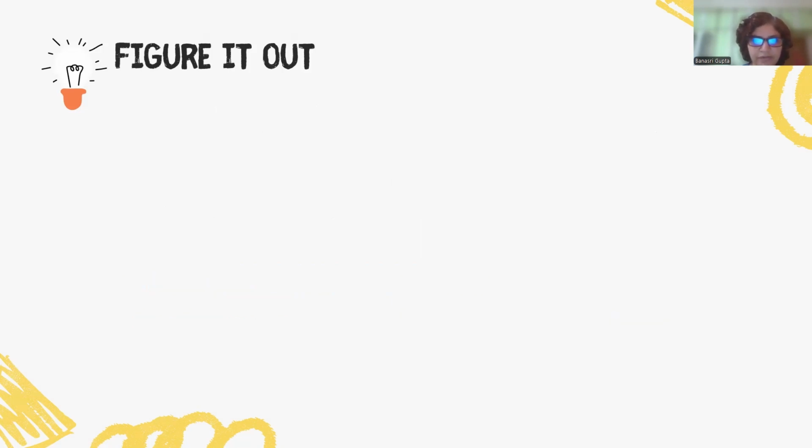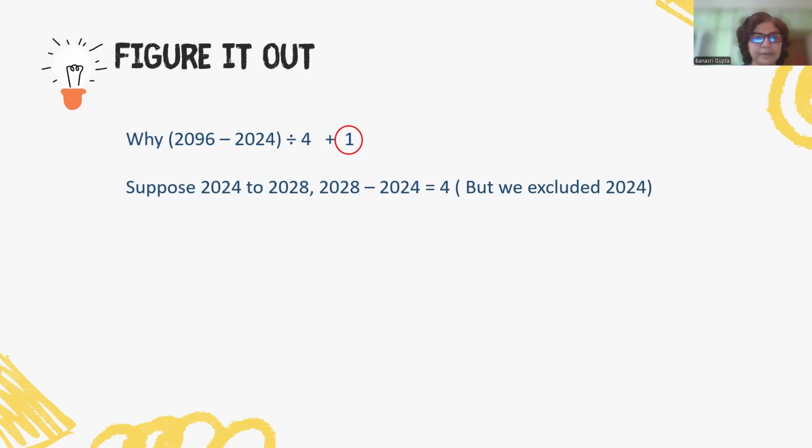So let us see why we have to add 1. We have to divide by 4, and then why are we adding 1? Suppose we have to find the number of leap years between 2024 and 2028. What we find is that the difference is 4. But what did we do?